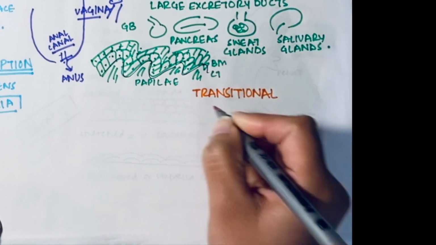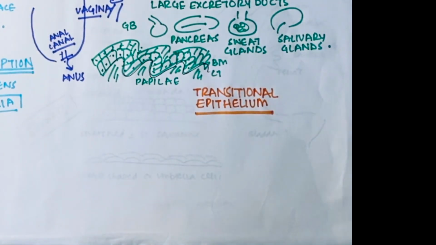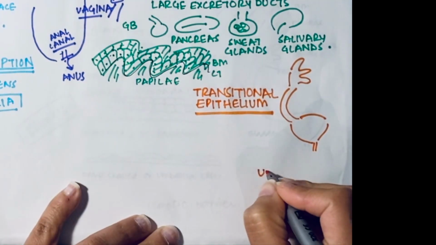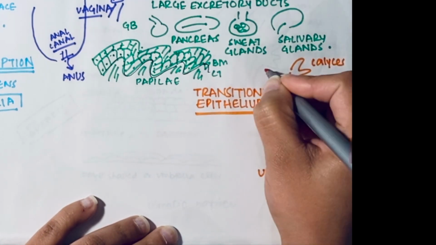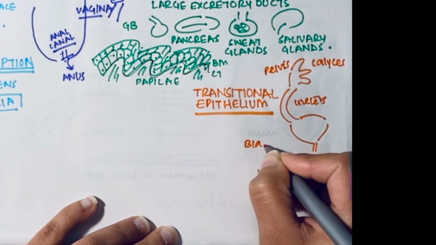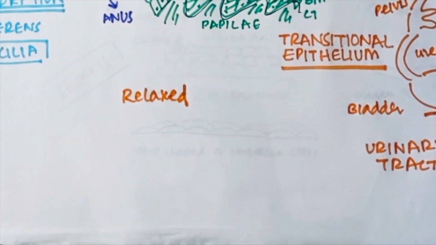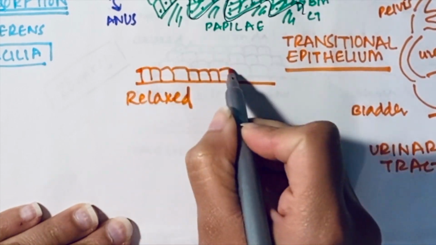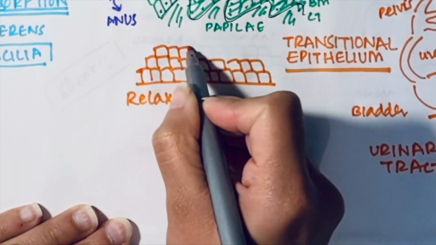Transitional epithelium is perhaps the most interesting kind of epithelium, and that's because it actually changes shape, and it lines the urinary system starting from the renal calyces, the renal pelvis, the ureter, and the bladder. In its relaxed state, the urinary system has cuboidal epithelium, and it's usually present in 5 to 6 layers.